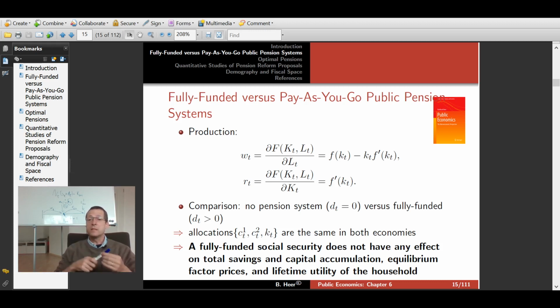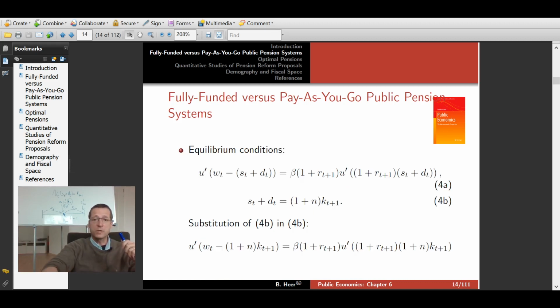Or if we had some kind of credit constraint, so that, for example, s_t must be larger than 0, and the contribution to the pension system, D_t, increases above a threshold where we would like to decrease savings below 0, there might be a credit constraint which keeps us from decreasing our savings or accumulating debt.